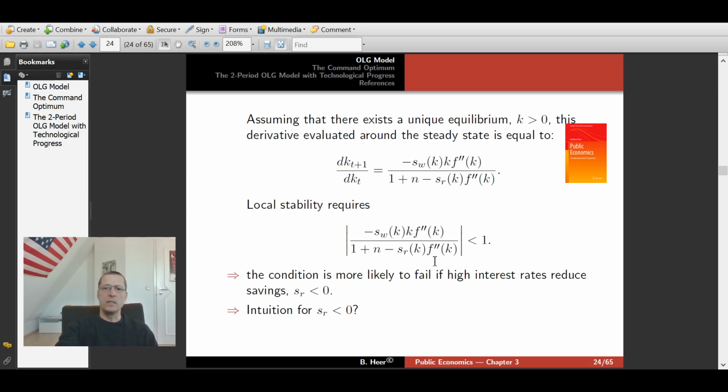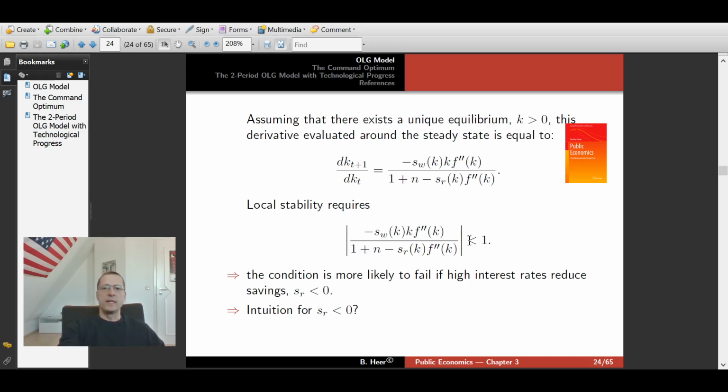So here, let's look at the denominator. 1 plus the population growth rate n minus the partial derivative of savings with respect to the interest rate, S_R, times the second derivative of the production function with respect to capital. Now, this second derivative is negative because the marginal product of capital is declining with higher capital stock. We have assumed constant returns to scale and 2 production factors.